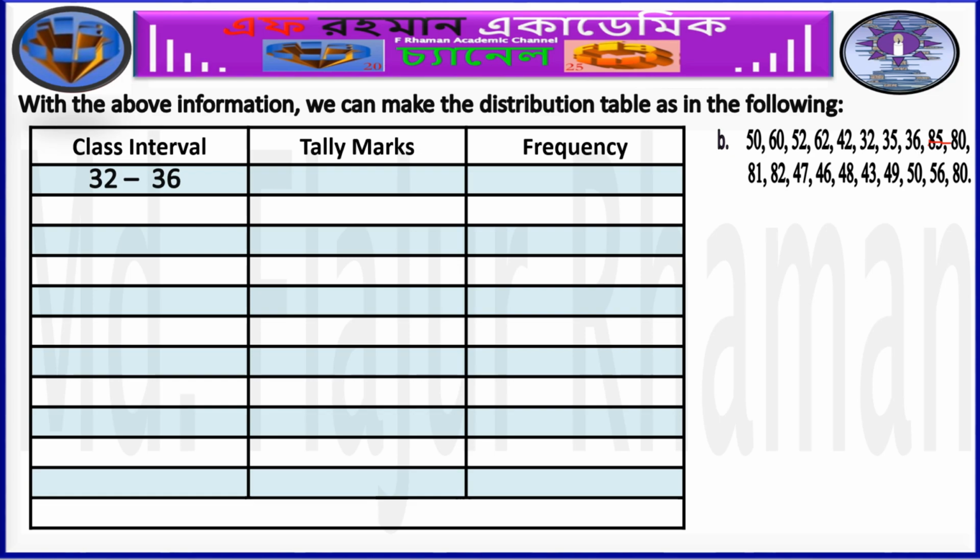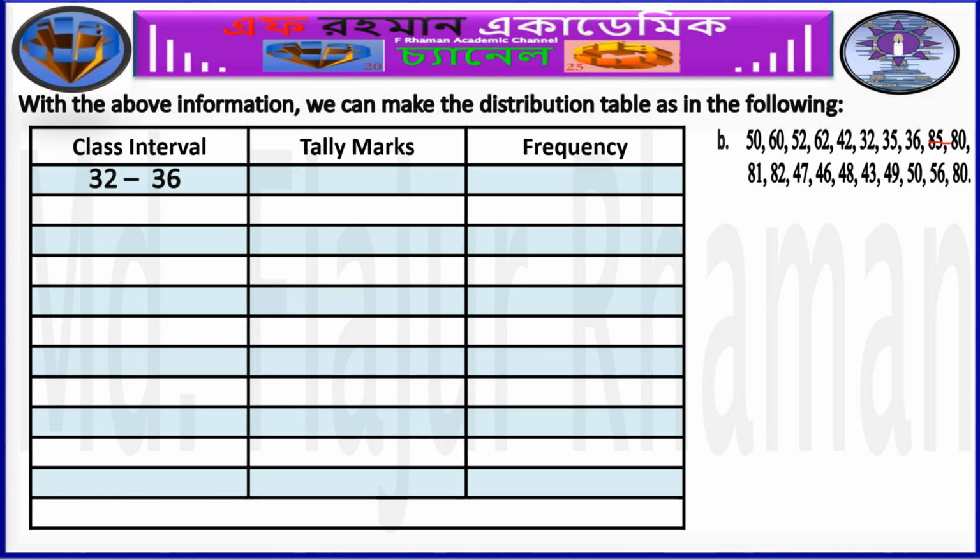In another way, we can write this class interval. Since class length is equal to upper limit minus lower limit plus 1, that's why if we add 4 with 32, then we'll get 36 as upper limit.